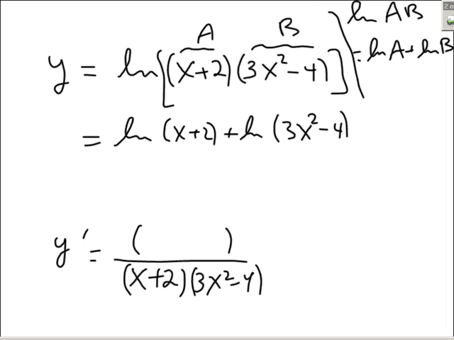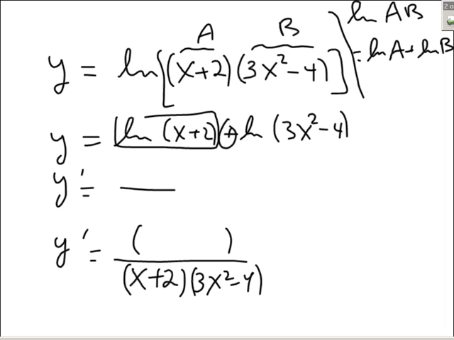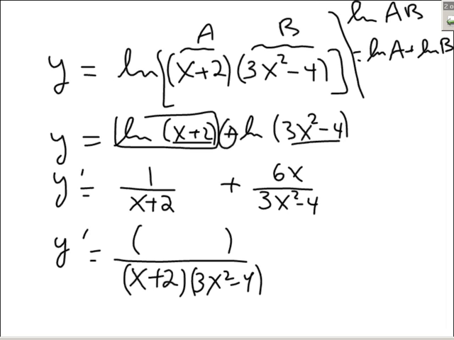You have to know your rules. Now, to take the derivative of our sum, you do the derivative of each term. I'm taking ln of x plus 2, put it in the bottom, put its derivative on top. Plus, I'm taking ln of this, put it in the denominator, put its derivative on top. And there's the answer.